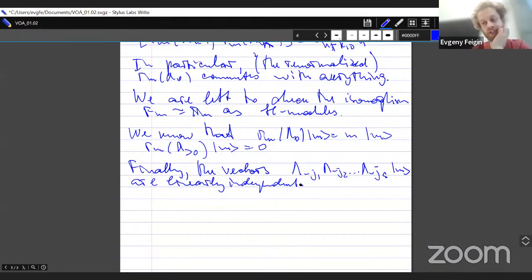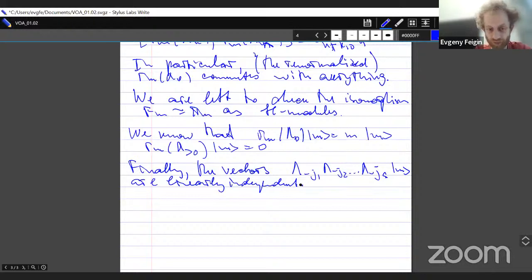We've seen this argument last time: if we have an action of a Heisenberg algebra where H_0 scales the highest weight vector and the positive modes kill it, then such vectors are linearly independent. You just apply the differentiations, and you go on.